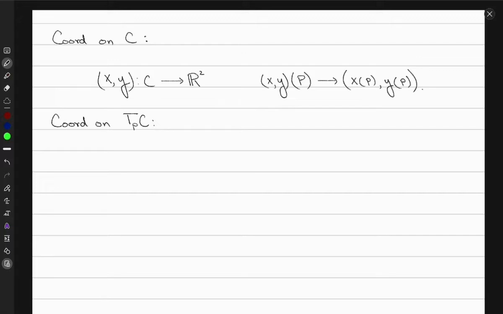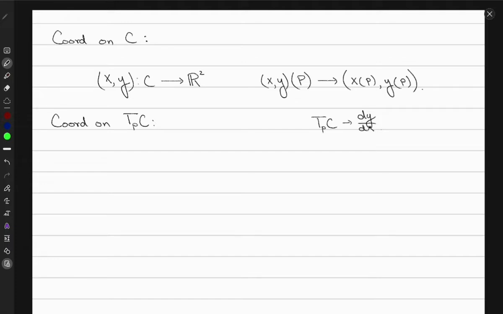Remember, the tangent space Tp of C is represented by the derivative dy by dx. It's the slope on that curve C. So right off the bat, you notice that the coordinates x and y will be transformed to dx and dy.